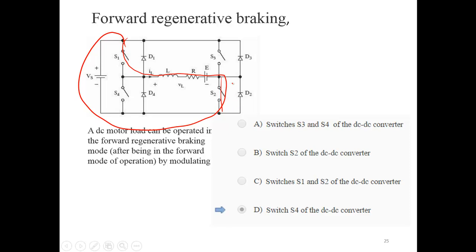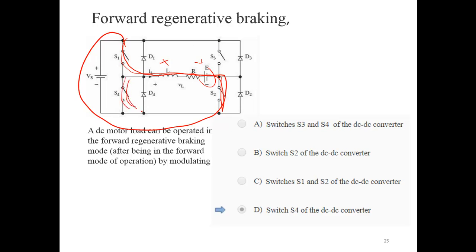If the current is flowing in this direction, then you have your voltage direction. If you want to regenerate, you operate the diode when the motor is off. The motor is running as a generator.